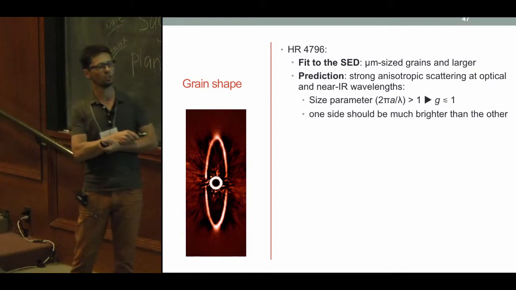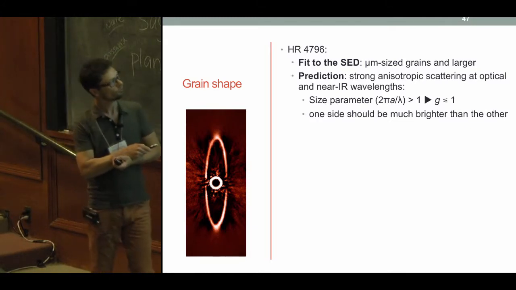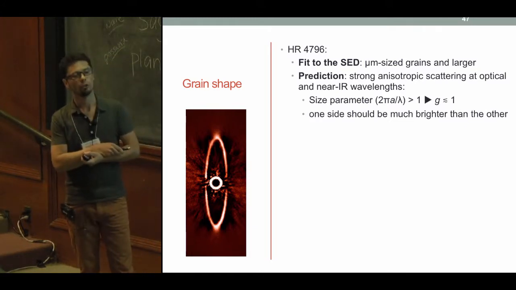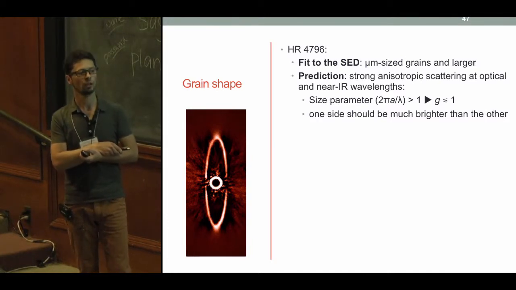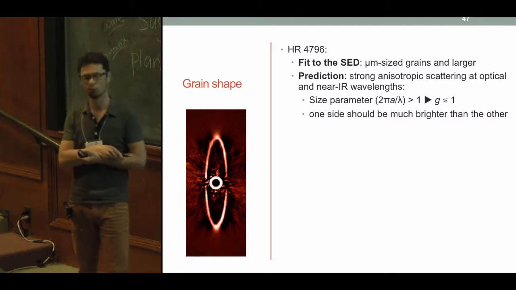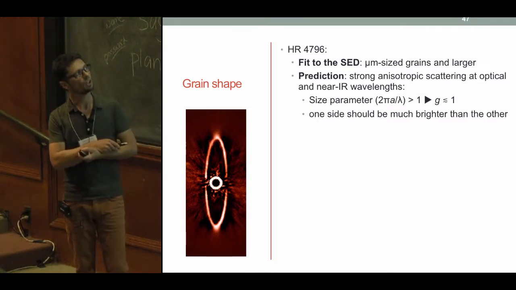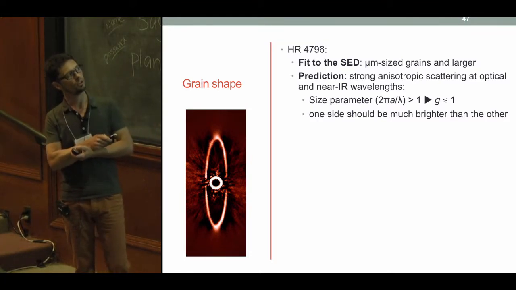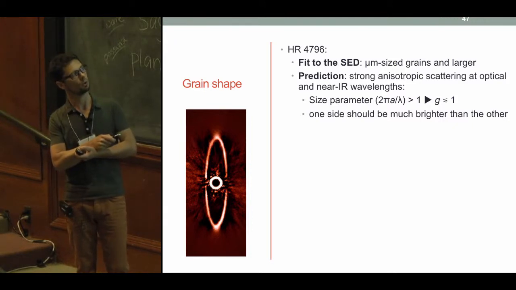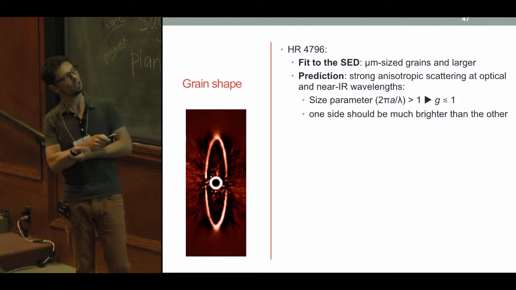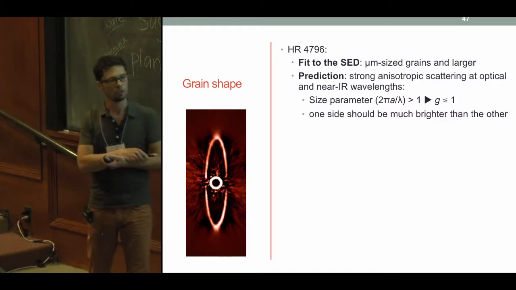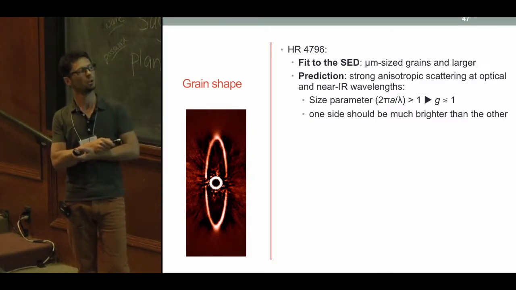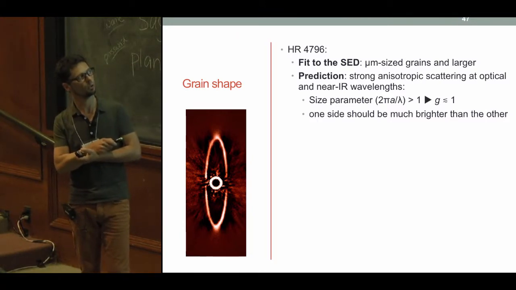Let's take again HR 4796. The fit to the SED is pretty clear. You need micron-sized grains to fit the SED properly. And if you do that, you have a size parameter, 2 pi times the grain size divided by lambda, which is larger than 1, which means that the g parameter should be large, especially in the optical and near infrared.